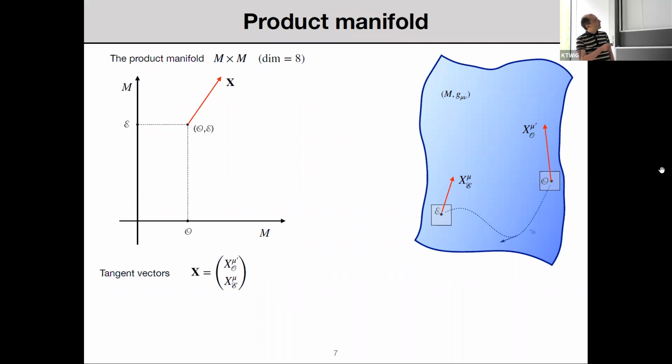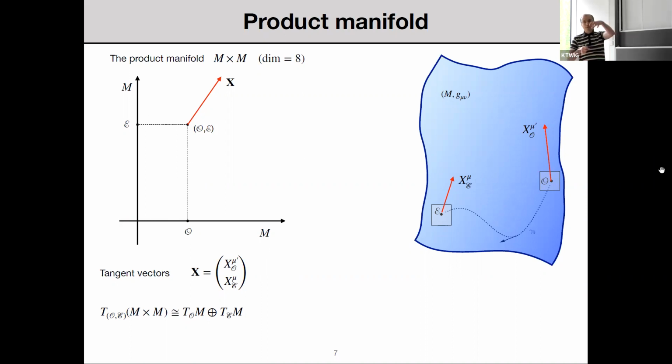Basically, you can introduce a coordinate system here. This will introduce some kind of coordinate system on the product manifold, and you'll be able to write any vector in the tangent space of M times M as a block consisting of 8 numbers, a vector at O and another vector at E. So if you like fancy geometric terms, you can say that the tangent space to M times M at O and E is basically a direct sum of the tangent space here plus the tangent space there.